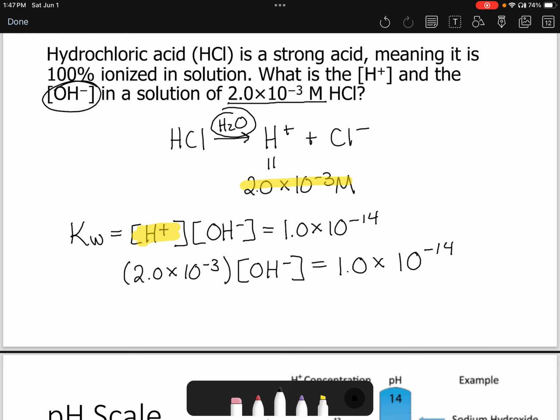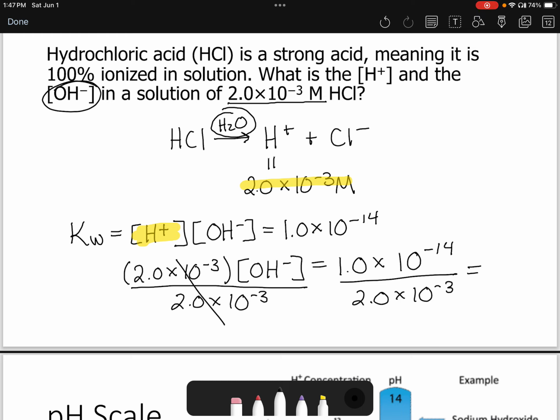All right, so now let's divide both sides by 2 times 10 to the negative 3rd. And that should give us the concentration of OH minus. So I'm just going to plug that into my calculator.